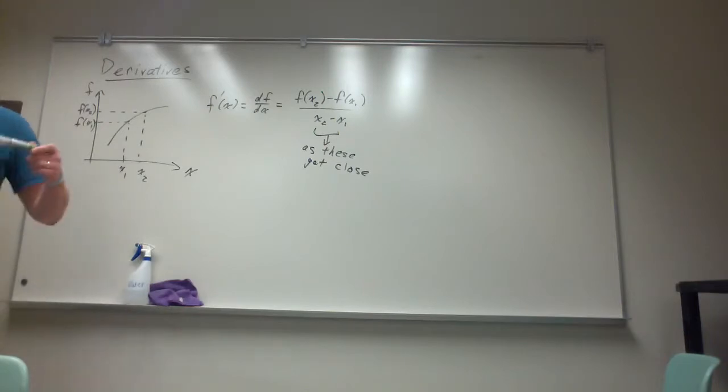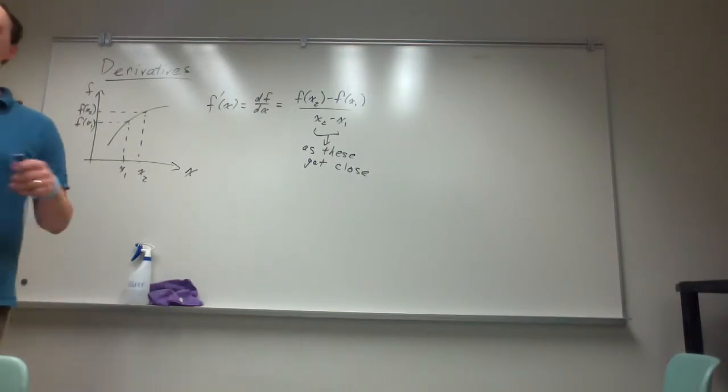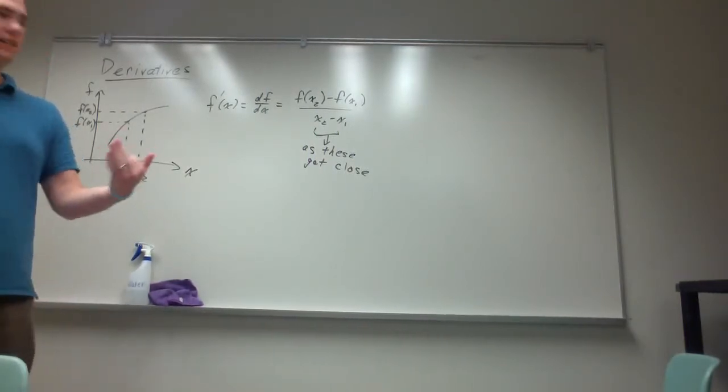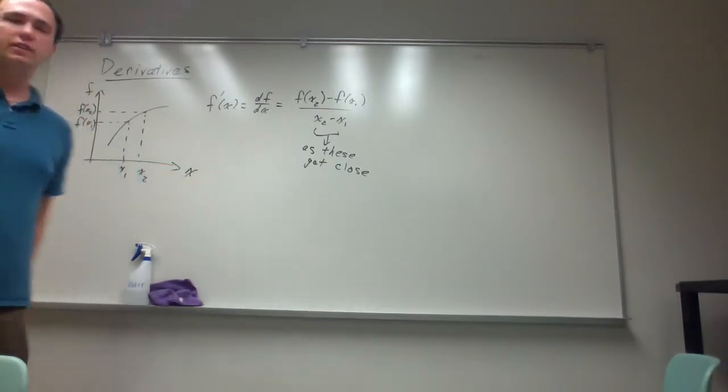Right, so that's a very casual way of defining derivatives. In math, you'd say it's this distance as you take the limit as this goes to 0.